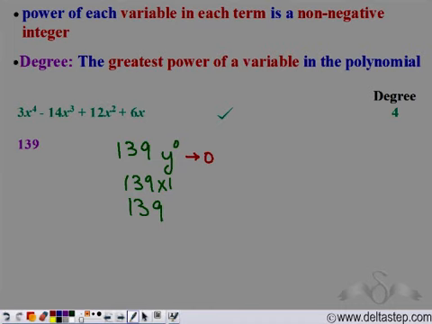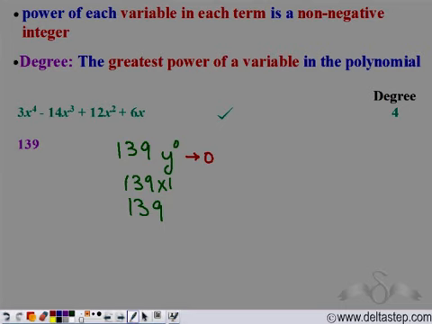So this is the same as this. And if this is a polynomial, then this is also a polynomial. So in essence, this 139 can be written as 139 into y to the power 0, or 139 into x to the power 0, or 139 into a to the power 0. We can assume any variable raised to the power 0 here.